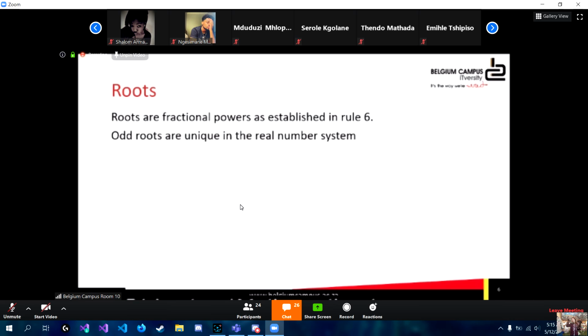For example, if you look at odd roots, an odd root means the number is odd, for example, your 3, your 5. What are odd numbers? Numbers that, when divided by 2, give you a remainder of 1. All right, so odd roots are unique in the real number system. In other words, we only have one value when you find the odd root.